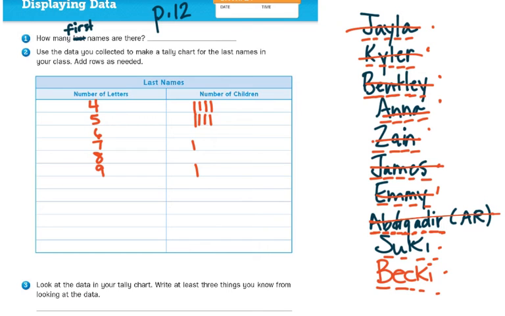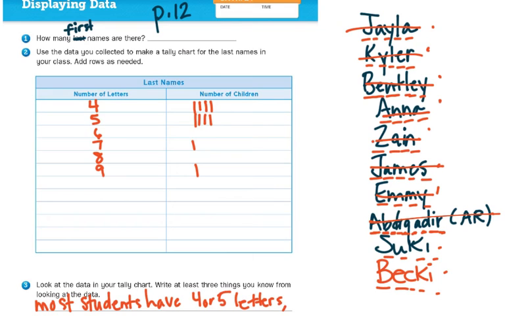So we're going to look at the data in our tally chart. What are 3 things that you know from looking at the data? Most students, write this in your math journal, have 4 or 5 letters.